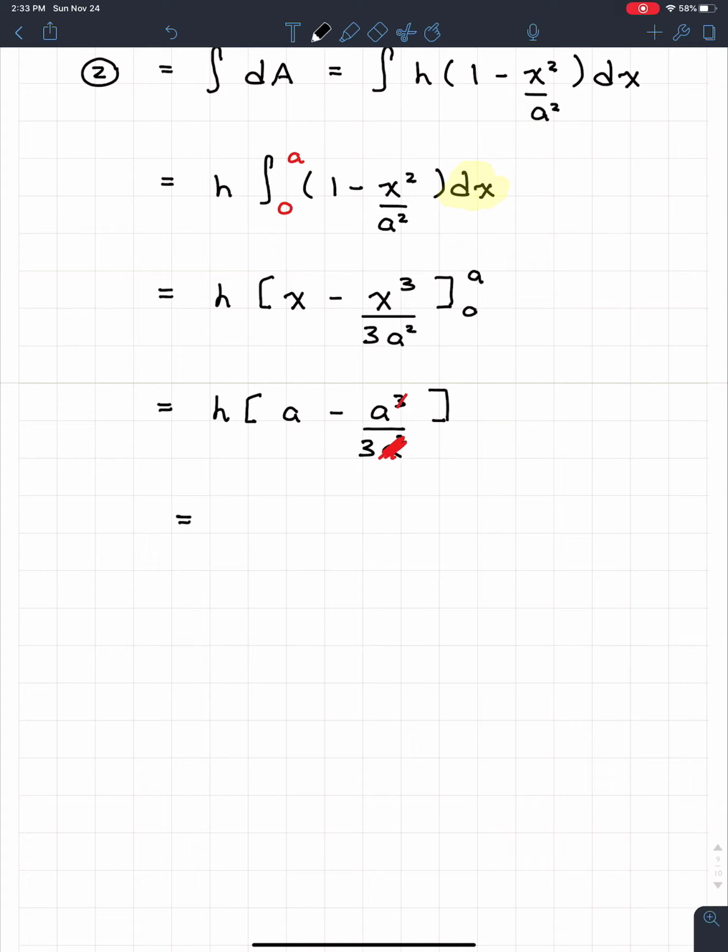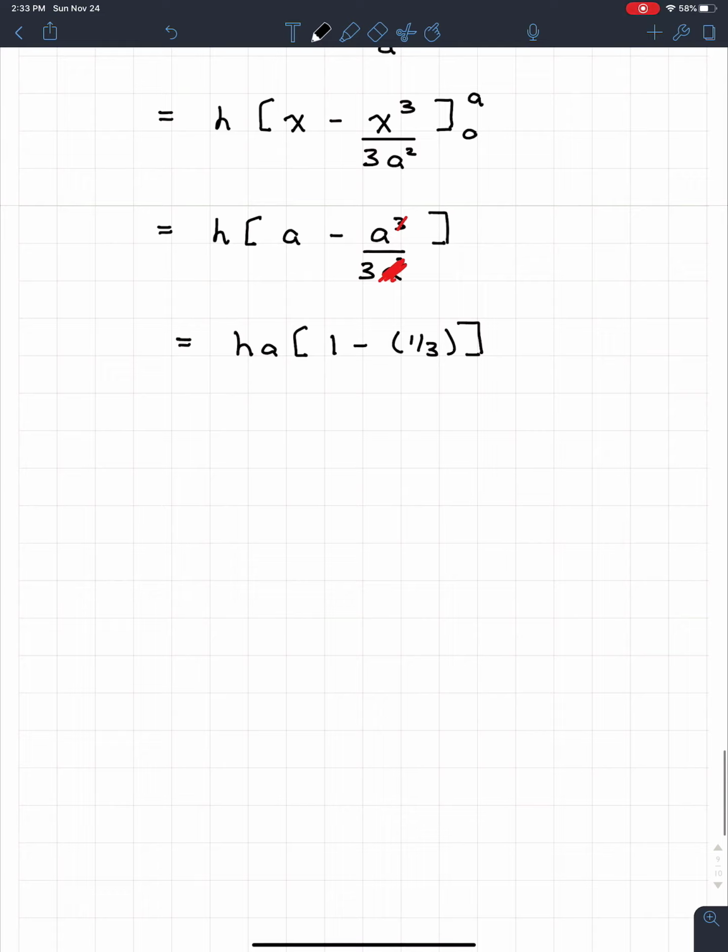This is going to be equal to h times a, because we can take the a out, and we're going to have 1 minus 1/3. So we simplify that even more. What we find out, and this shouldn't be that surprising, is that the integral of dA is equal to 2/3 of a times h. So I'm going to highlight this because we're going to have to use it later.